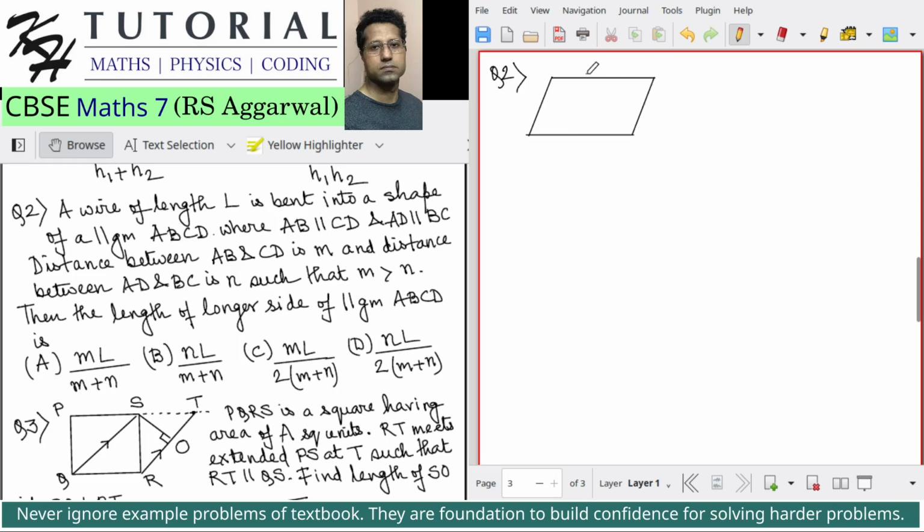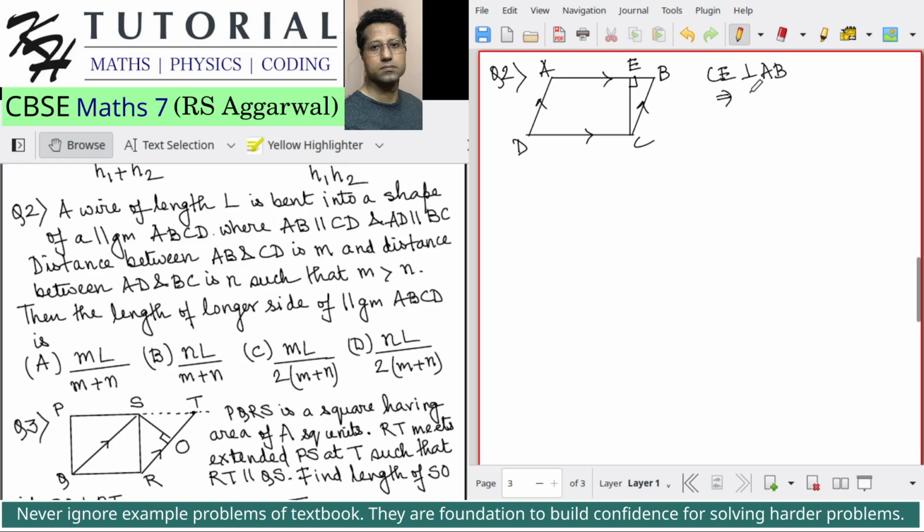So AB is parallel to CD. So this is the parallelogram that is formed from the wire of length L. Okay, and the distance between AB and CD is M. Let's say CE is drawn perpendicular to AB.